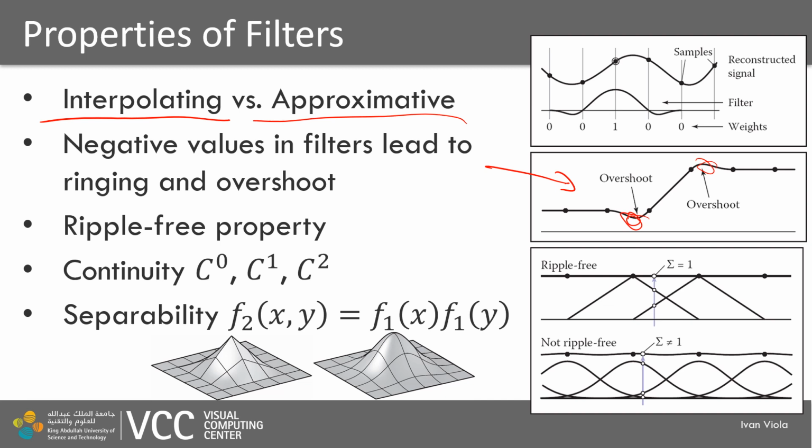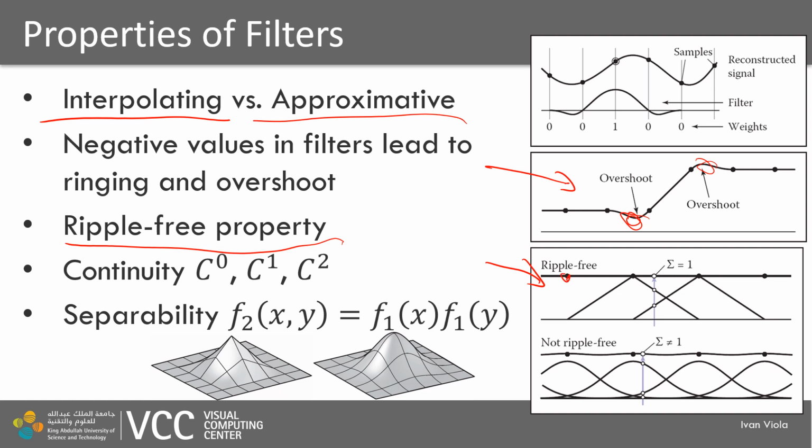All the filters which we have been discussing have the so-called ripple-free property. Ripple-free means that if we have a constant function, the constant function is reconstructed as a constant function.